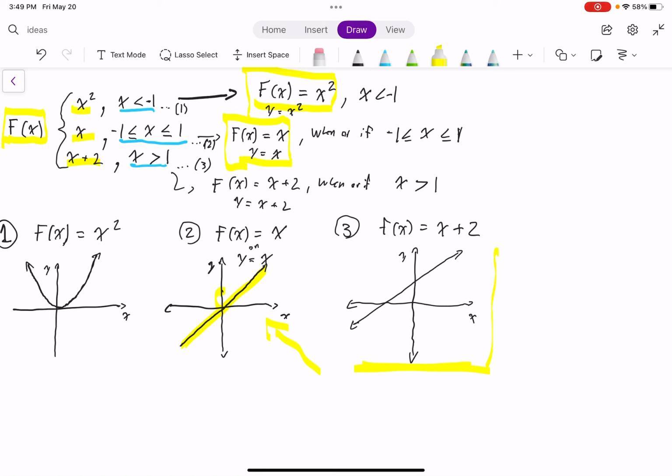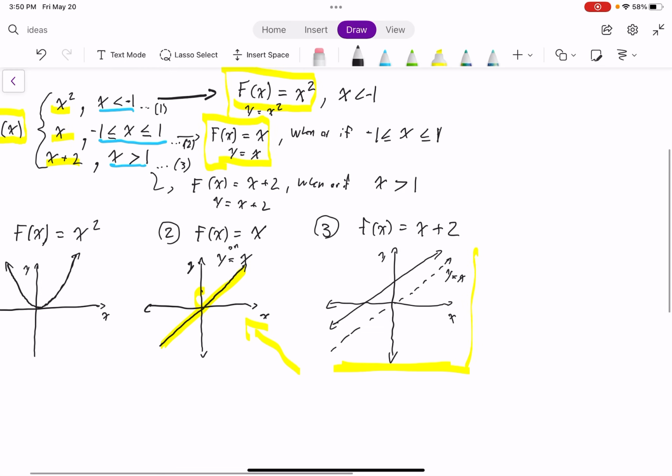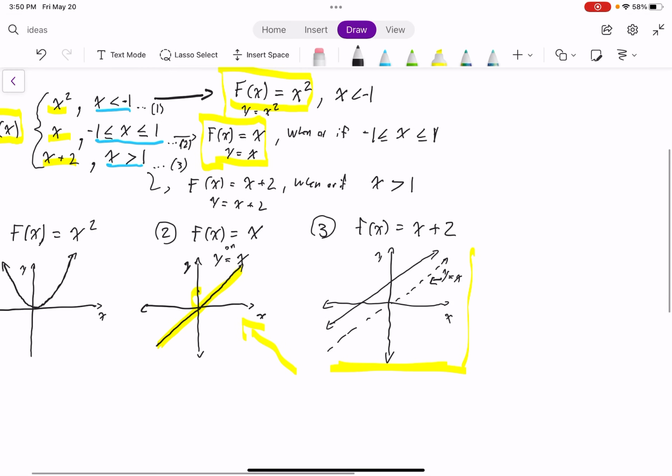So it's parallel. If this is y equals x, this guy, then this guy is just x plus 2. So any point here, plus 2 is up here.